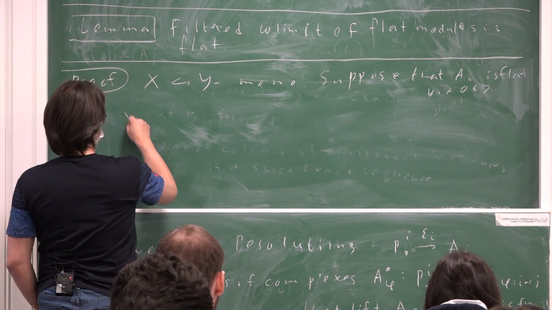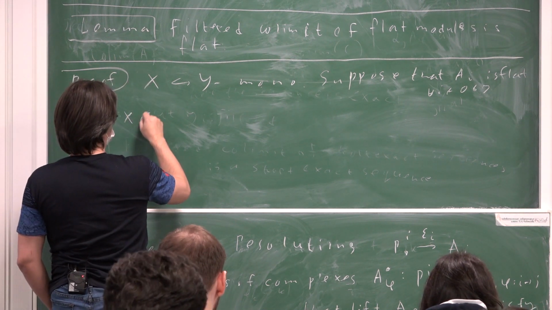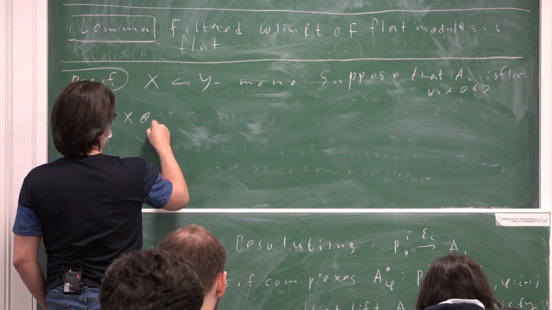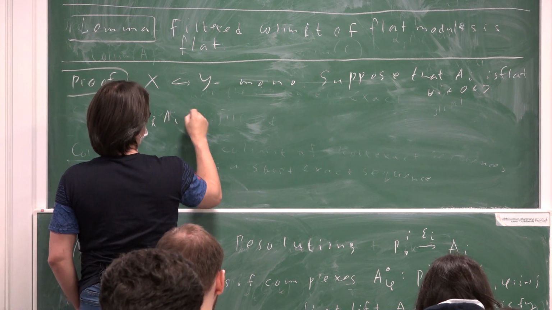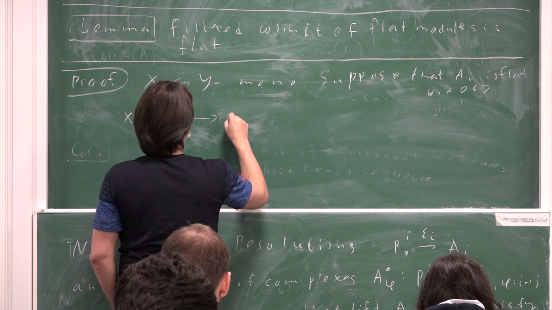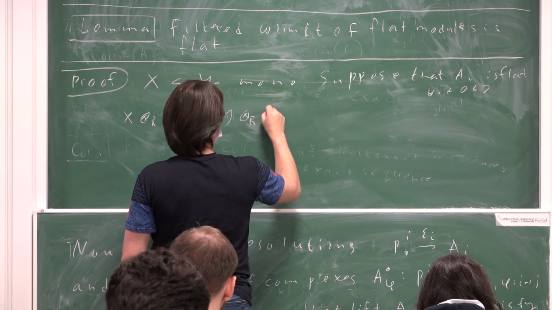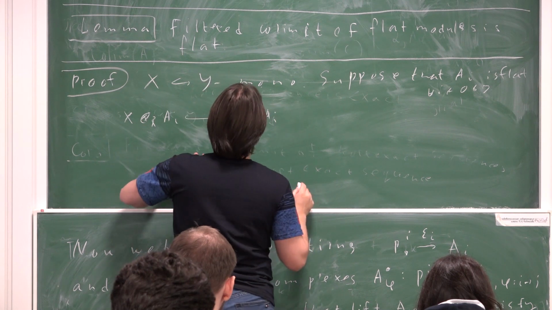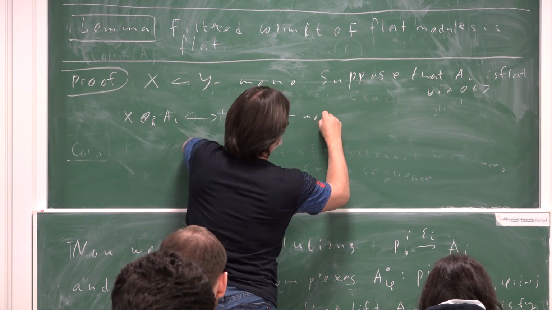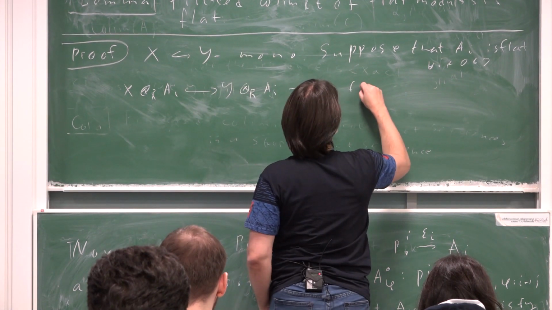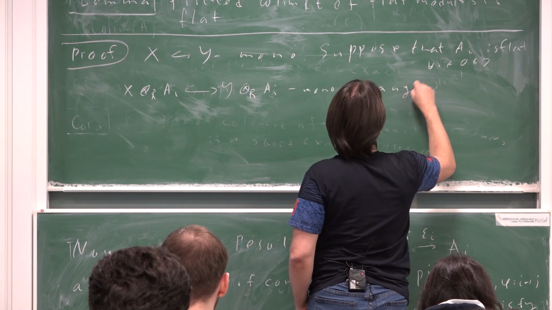This means that X tensor over R with A_i, Y tensor over R with A_i is mono for any i.